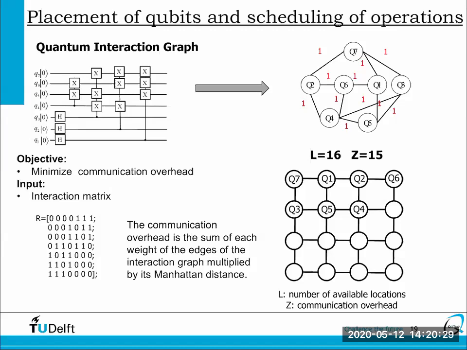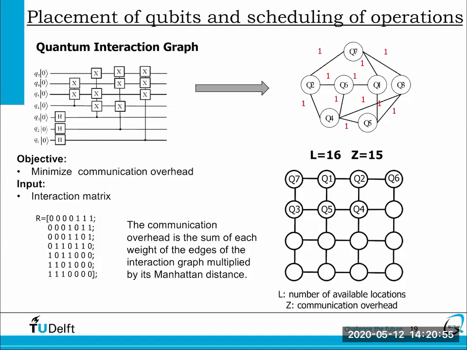So imagine that I have this interaction graph and this chip layout or coupling graph, and then I come up with this initial placement, in which the virtual qubit Q7 is placed in the left top qubit, and so on. If I do it in that way, it results in a communication overhead of 15. In this case, that is the optimal one, I think.